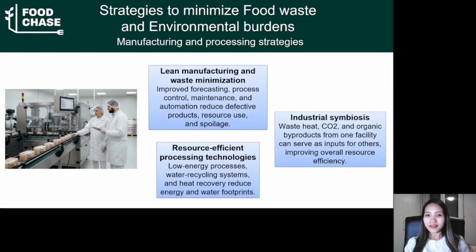Resource efficient processing technology, such as low energy processes, water recycling systems, and heat recovery, can reduce energy and water footprint. And we have industrial symbiosis. The wasted heat, carbon dioxide, and organic byproducts from one facility can serve as input for other facilities, improving overall resource efficiency.